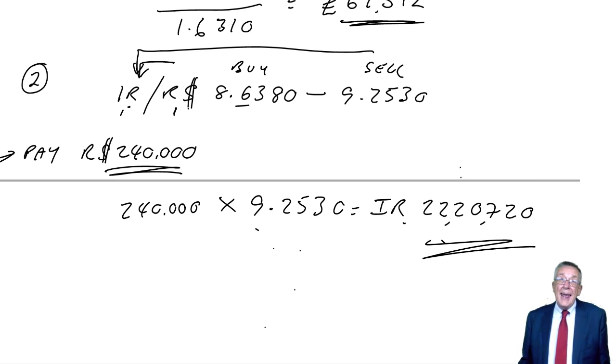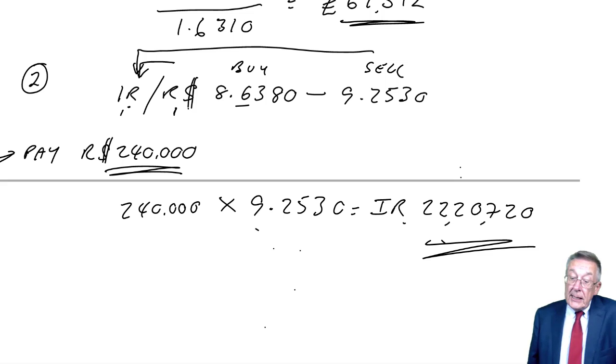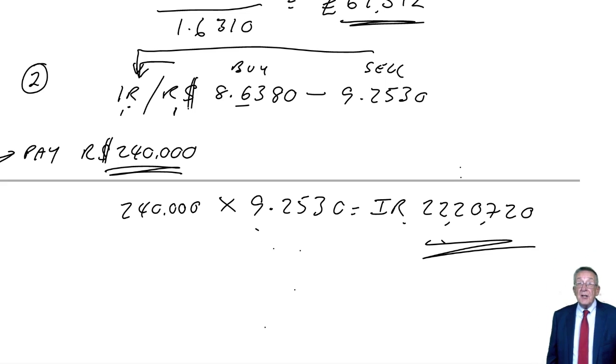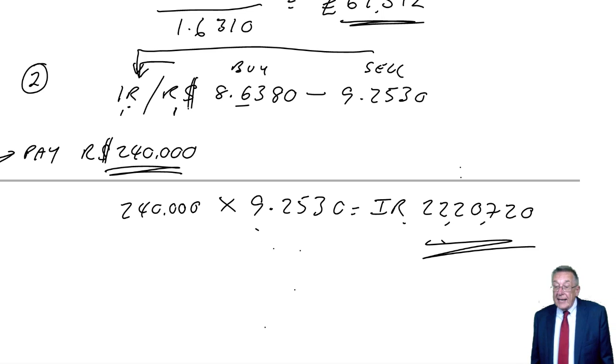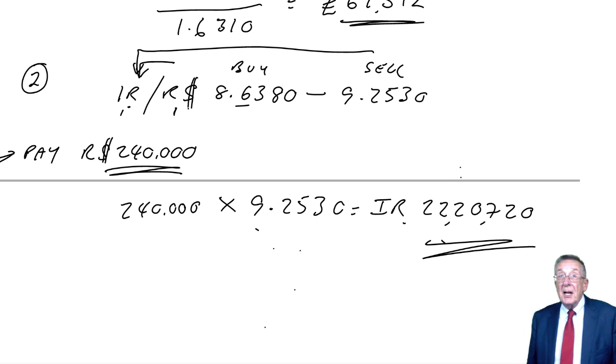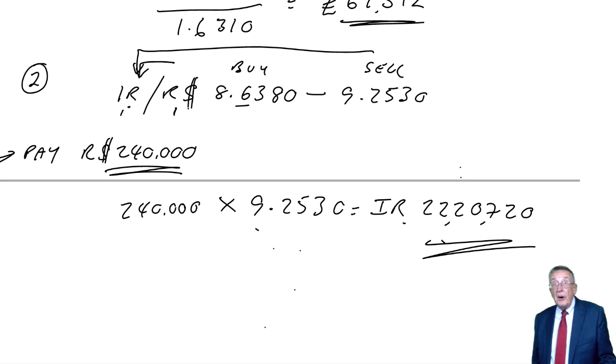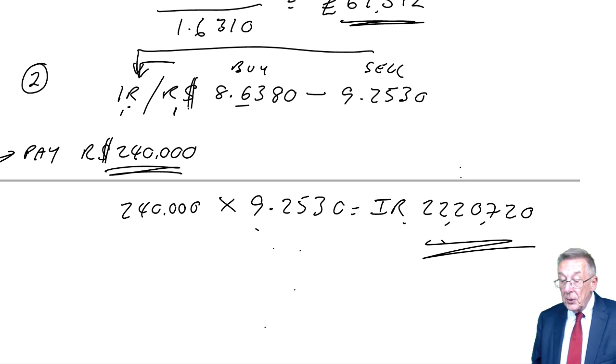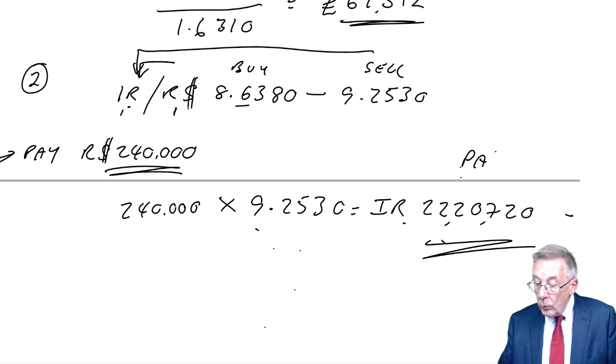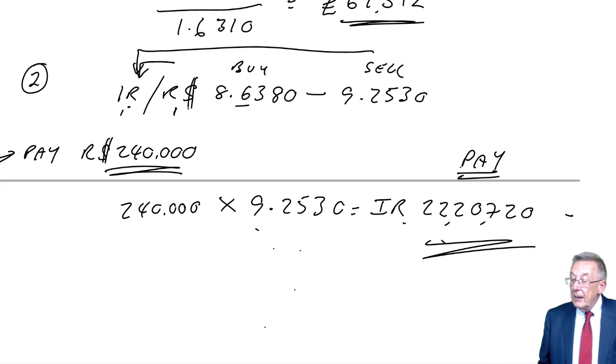But remember, we're paying out money. And it has to be whichever rate is worse off for us. It's the bank that makes the profits, not us. And of those two rates, surely, since we're multiplying by 9.2 will end up costing us more than if we'd chosen to multiply by 8.63. We'll pay 22.2 million rupees.